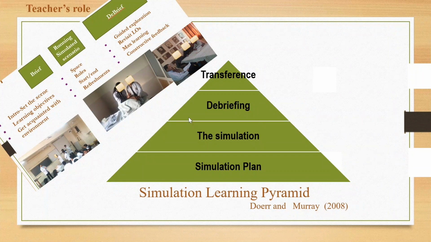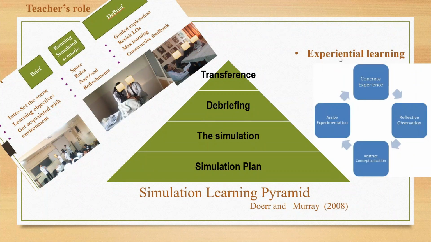And this whole process is based on the Kolb's model of experiential learning, where somebody has a concrete experience. For example, when you go through simulation, you have some concrete experience. There's a reflective observation which happens in the debriefing. So those reflections, critical reflections, are very important. So abstract conceptualization happens, and then there's again active experimentation, concrete experience.